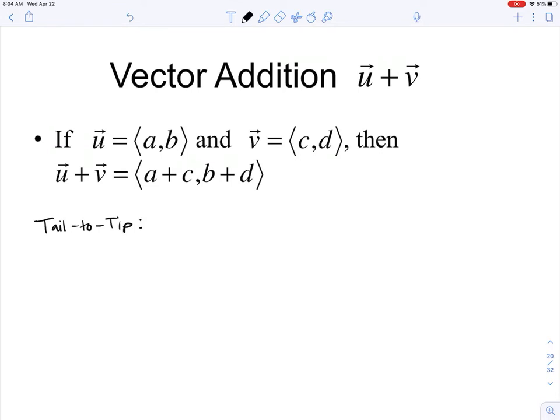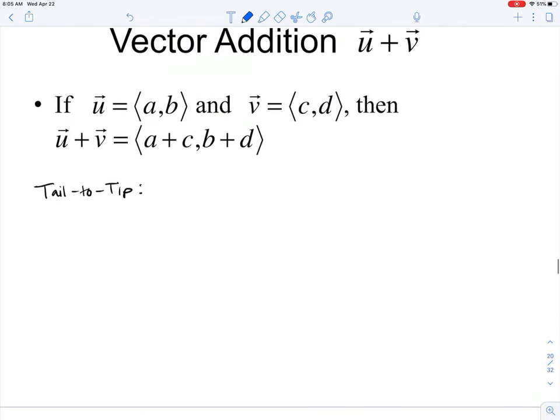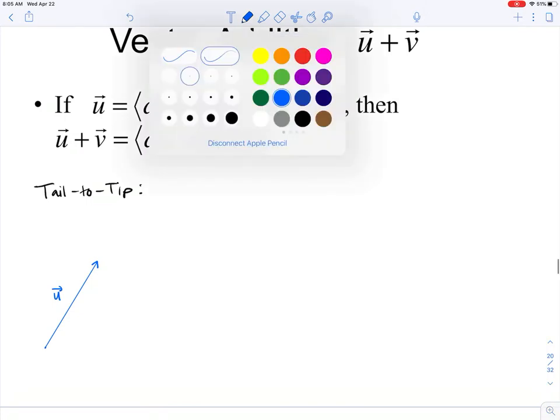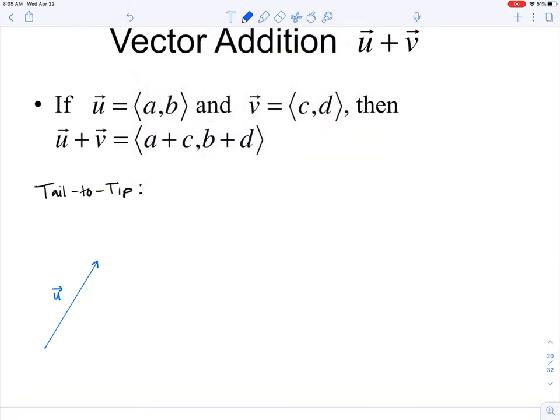I'm going to use the tail to tip method to demonstrate that for adding two vectors. So let's say that we have vector u.